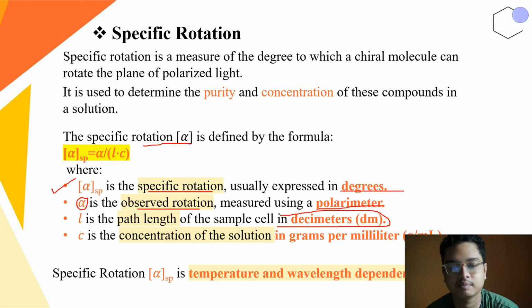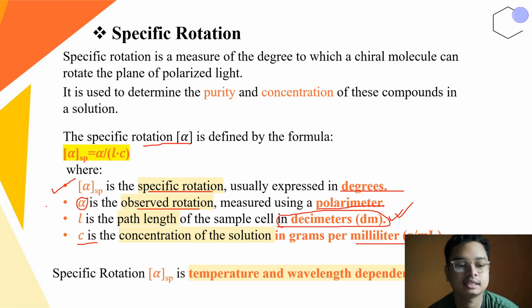This is very important. Normally, in calculations we use either centimeters or meters as a unit, but in the optical rotation calculation we use the path length in decimeters. And C is the concentration of the solution in grams per milliliter, that is, g/mL.